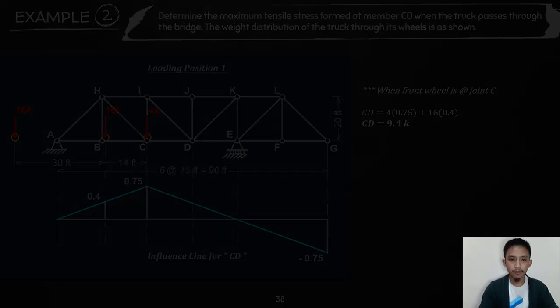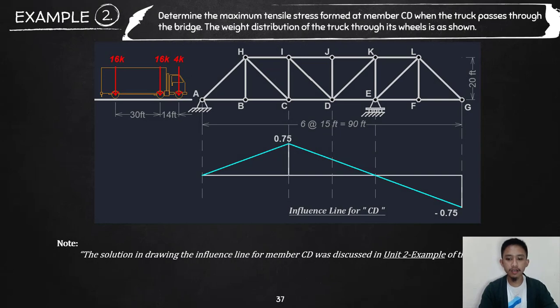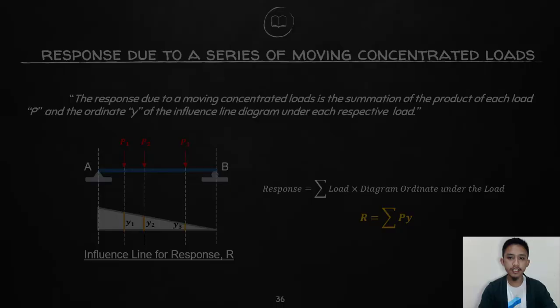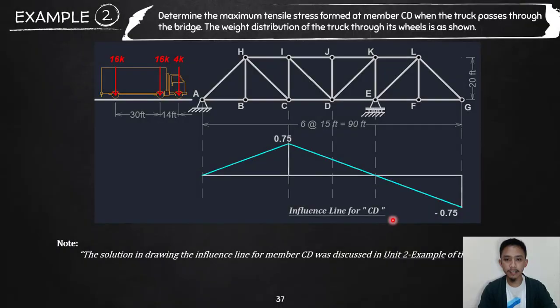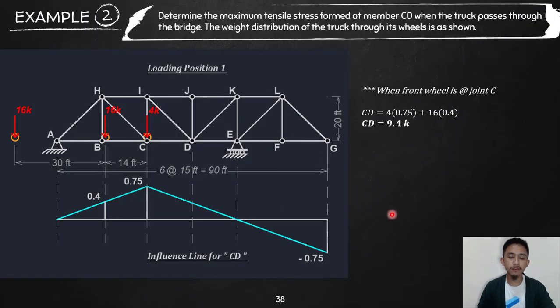Again, if we recall, the total response of a series of moving loads will just be the summation of the product of each load with the corresponding ordinate. That is what we will be following. Therefore, the actual response of CD will be the product of 4 times the ordinate 0.75, plus 16 times 0.4, the ordinate below that 16.